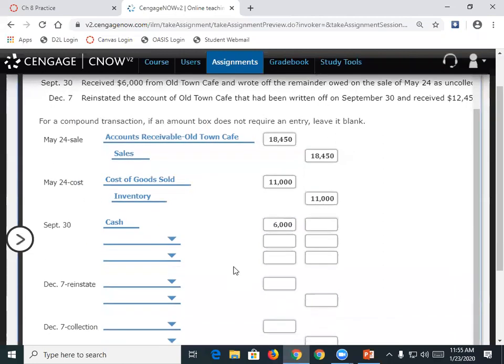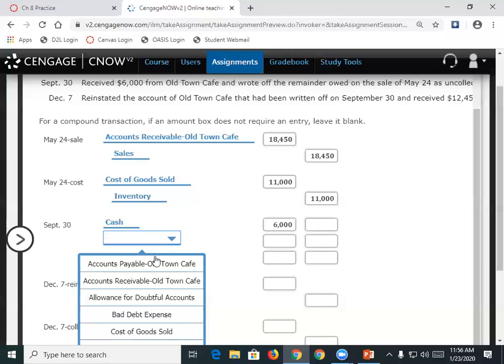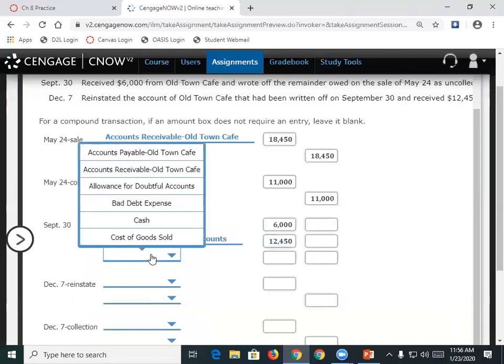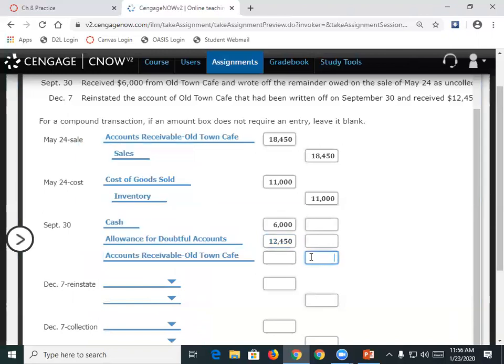But now, just like I did here when we wrote off John Parker directly, I'm going to write off the remainder of that account, like the $12,450, by debiting allowance for doubtful accounts and crediting accounts receivable Old Town Cafe. Okay. So I debit allowance for doubtful accounts, $12,450, and I credit accounts receivable Old Town Cafe.